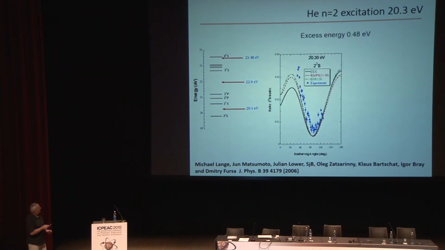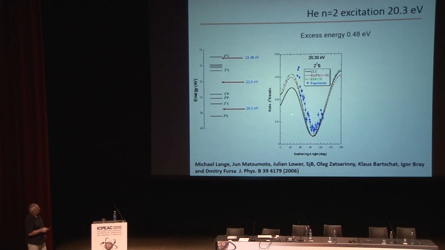For this particular energy here, these are comparisons between experimental results taken with this time-of-flight spectrometer and the very best theories that are going around at the moment. There's the convergent close coupling calculation from Igor Bray's group, and 2 varieties of the R-matrix calculation from Klaus Bartschat and Oleg Zatsarinny.